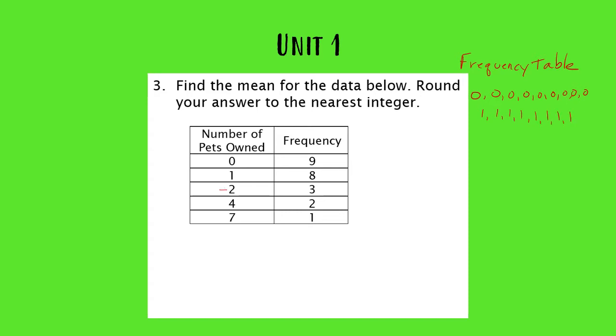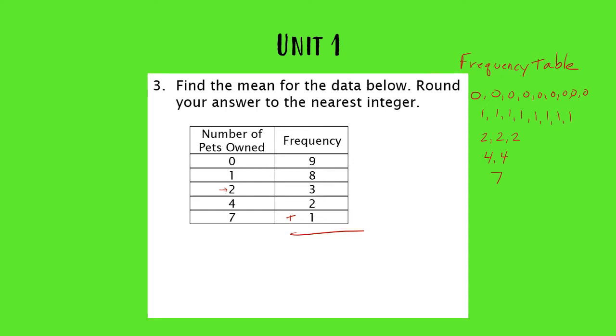2 pets, there were 3 people. 4 pets was answered twice, 2 times. So you're just writing it twice. 7 pets happened once. So basically all that is a way to condense down a list of numbers. So frequency, if I add all of these numbers up, is how many pieces of data are actually inside my list.